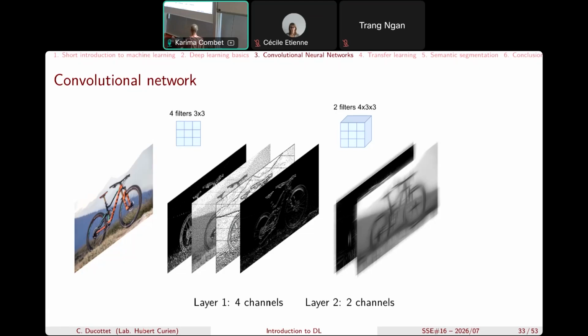Let's consider that the first convolution was for a single channel image, but here we have a 4 channel image, and we want to apply a convolution to this 4 channel image. So it means that each filter will not only be a 3 by 3 filter, but it will be a 3 by 3 times 4 filter. I mean, it is like we have a volumic filter that we will apply over all the channels.